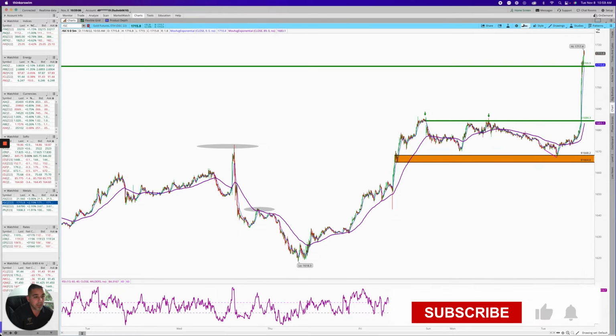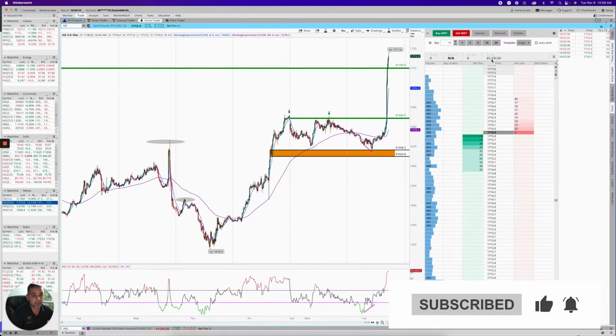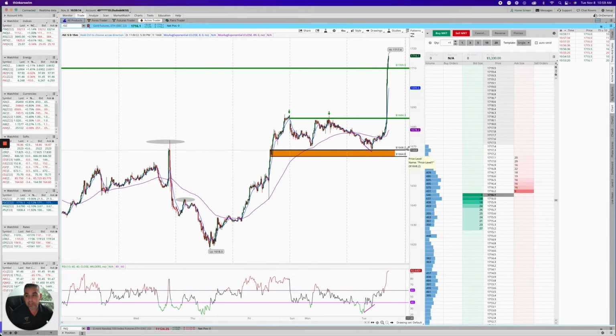And guys, with that, you can see $5,330 on about an $800 risk for 2 contracts, right? Maybe a little less. It's actually a little bit less than that. So maybe $720 risk to make a $5,330 profit.